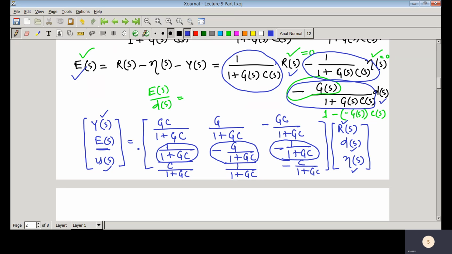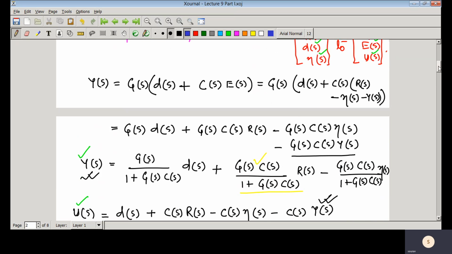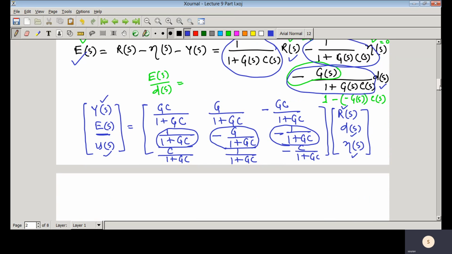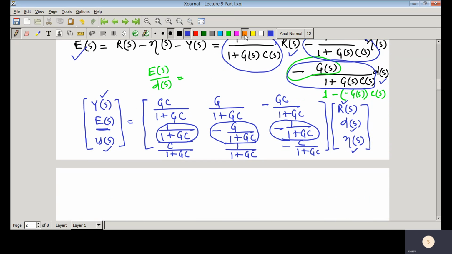Now you can see that for this particular block diagram, when you have many inputs and many outputs, in this case 3 inputs and 3 outputs, you can write the transfer function matrix. And if you look at the elements of this transfer function matrix, each element is actually a transfer function.